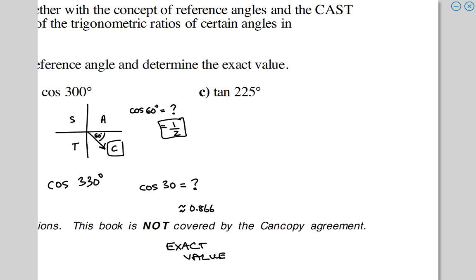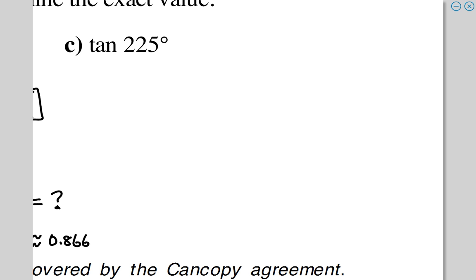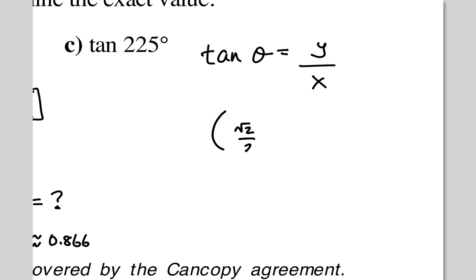So, tan 225. Where is 225? Bottom left? But what's the formula for tangent? You have to take those 2 coordinates, because this coordinate off the unit circle is your x and your y.